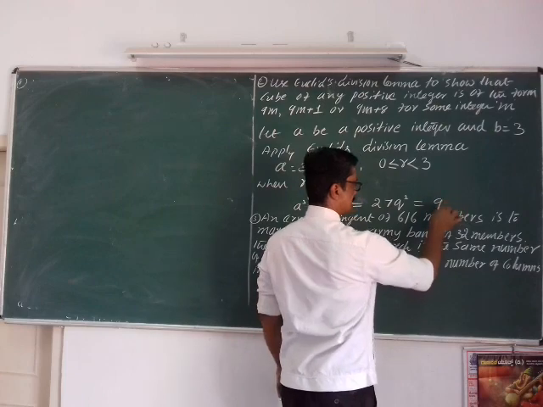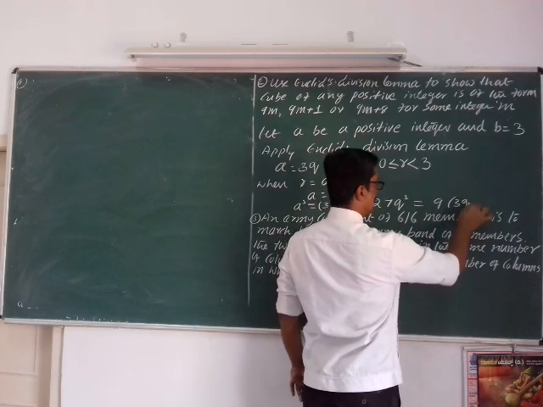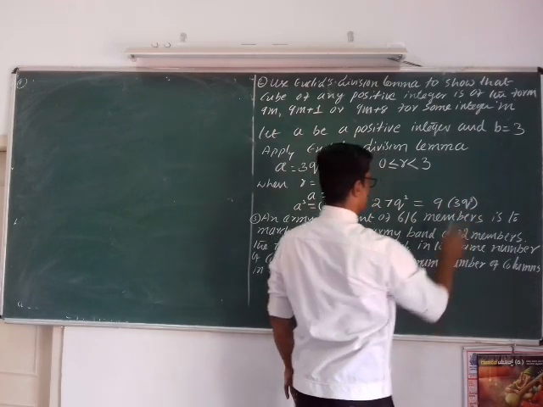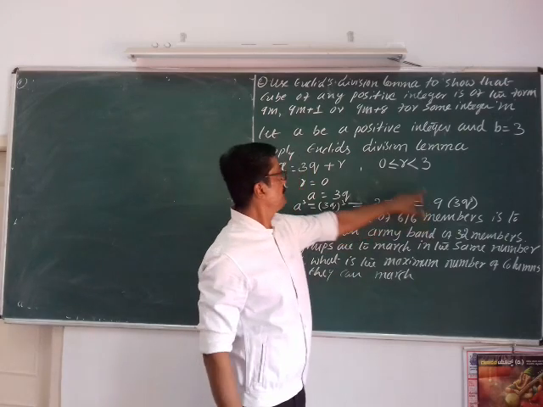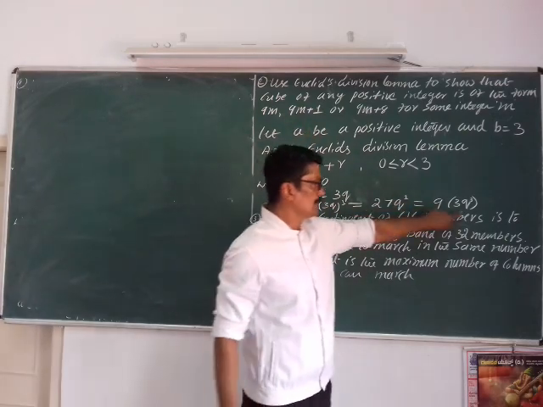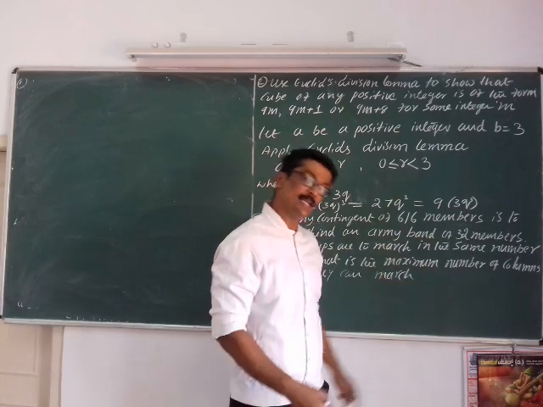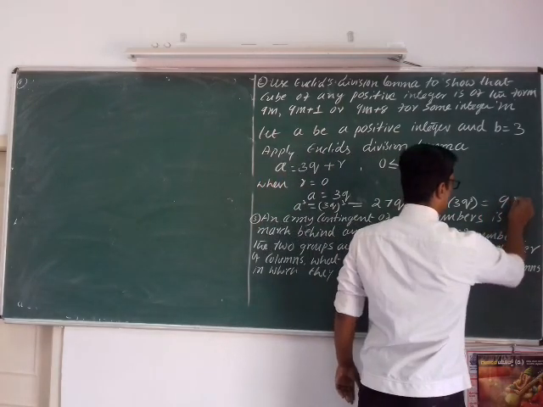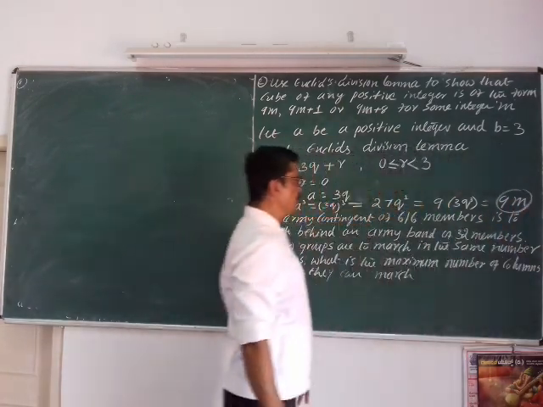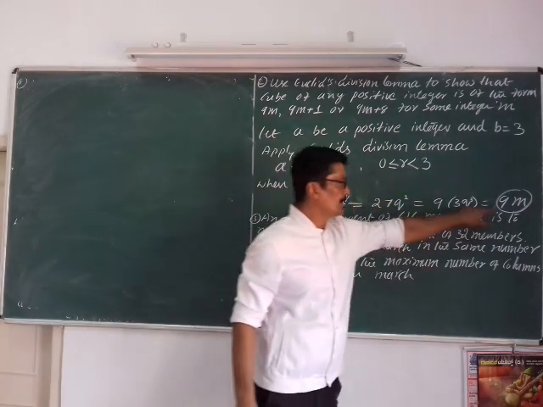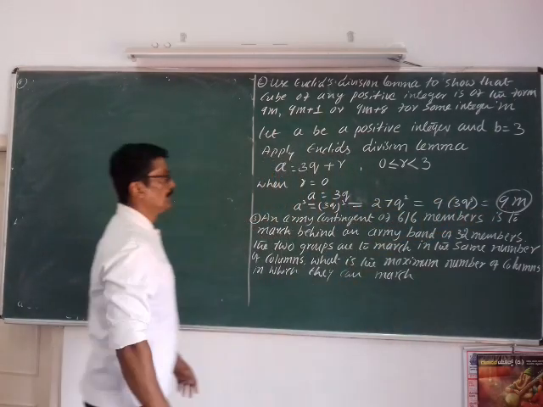So it can be written as 9 into 3q cube. So it is of the form 9m. You can denote this number as m. That is equal to 9m. So the cube of the number is of the form 9m.